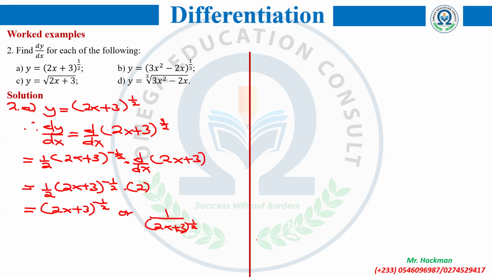Okay, and someone can also write it as 1 over root of 2x plus 3. Do you agree? Yes, sir. Okay, please, do you all agree? Yes, please. All right.